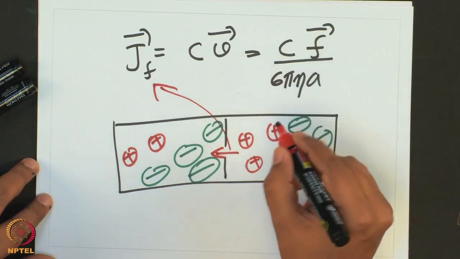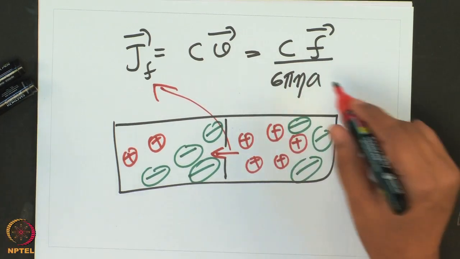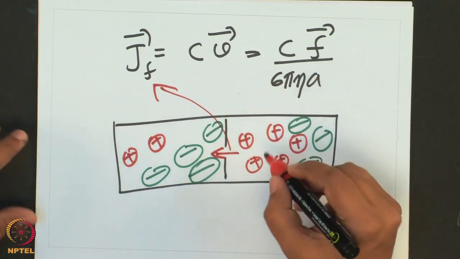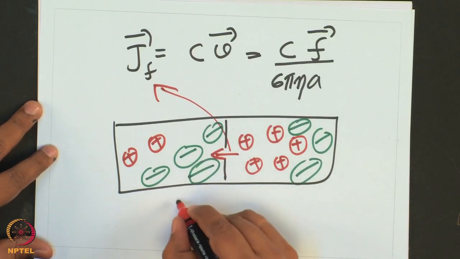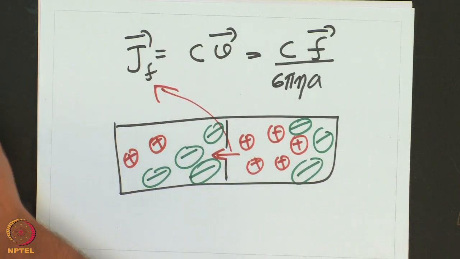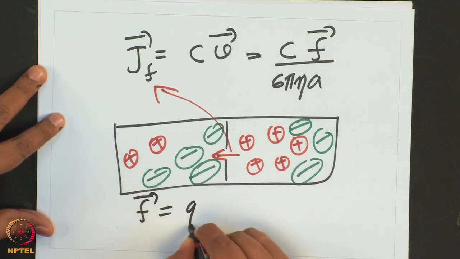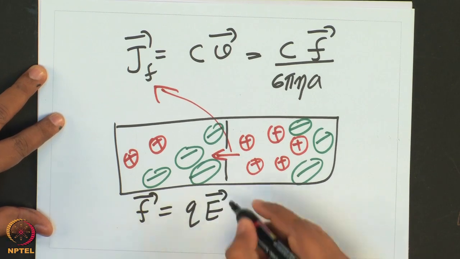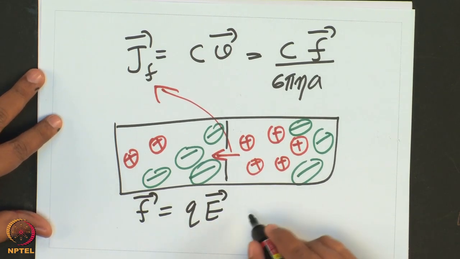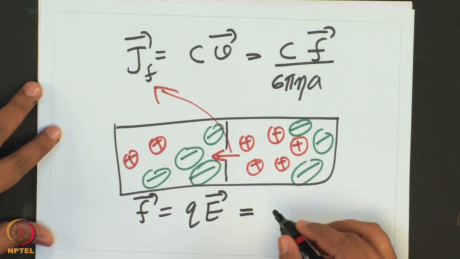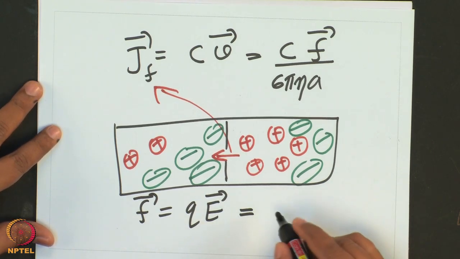And what does this force depend on? Now, how much would be the force due to this minus charge on this plus charge? So the force F in electrostatics, we know that force is Q times E, where E is the electric field, and this E can be written as a derivative of potential.